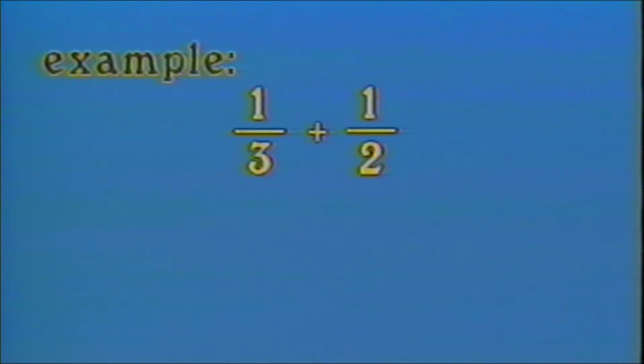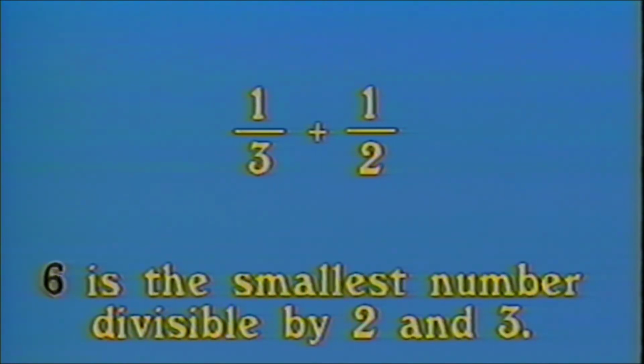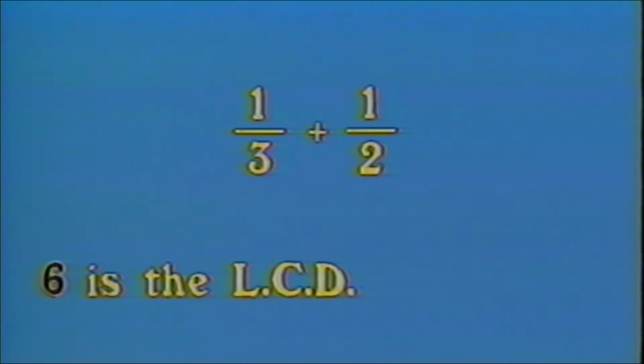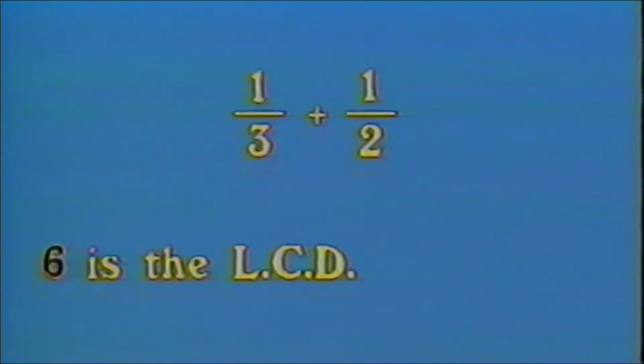But 2 times 3, or 6, is a common denominator, and 6 is the smallest number that is divisible by both 2 and 3. So 6 is the LCD. Let's write the problem vertically.